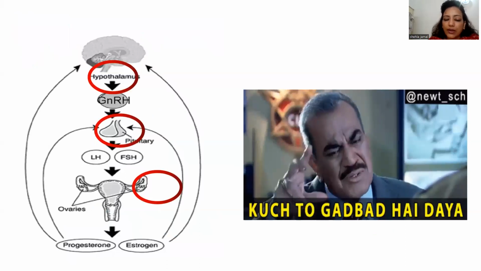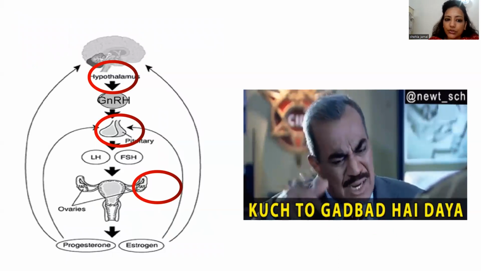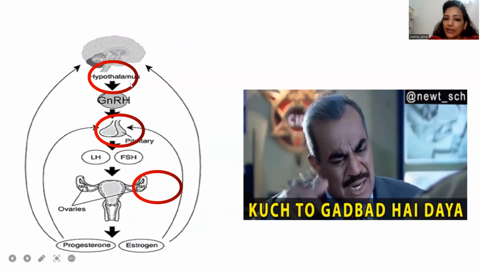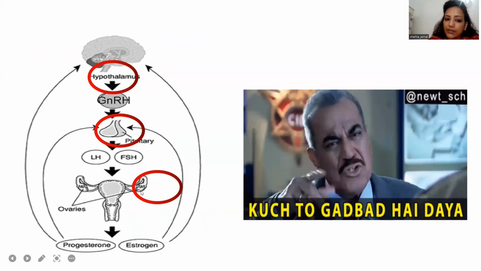So now you have to find out what thing in the hypothalamus, pituitary, ovarian, and uterine axis has gone wrong, whether it is a central cause related to the hypothalamus, a pituitary related cause where LH and FSH are coming down, an ovarian cause where the ovary maybe has stopped functioning, something else in the uterus causing it to function badly, or there is some problem in her outflow tract, that is cervix and vagina.